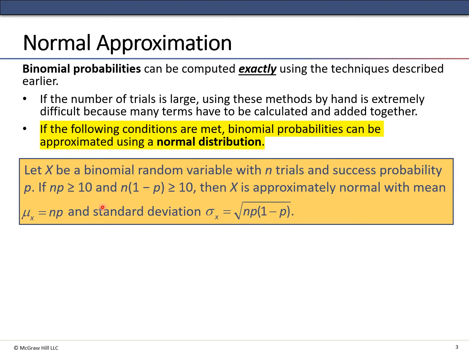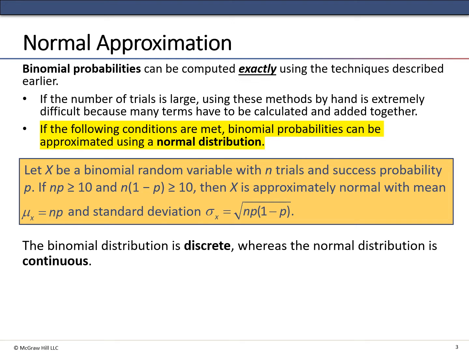So if both of these products, np and n times the quantity of 1 minus p, are greater than or equal to 10, then we can use a normal distribution, and we can use these formulas for calculating both our standard deviation and our mean.